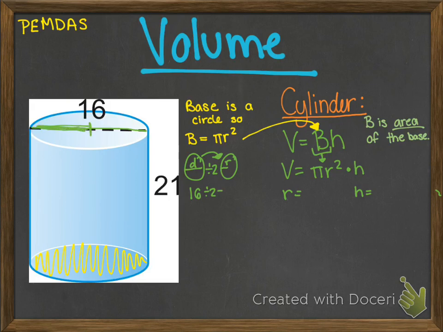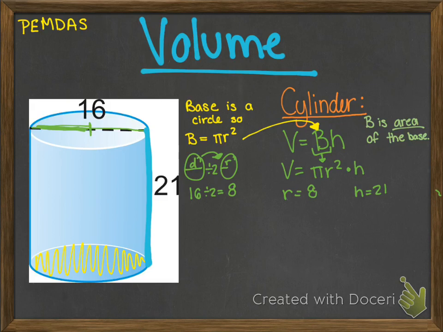When I divide 16 by 2, I get 8. So my radius for this one is going to be 8 units. The height is whatever has not been involved with the circle. That is the distance between those two circles, the top and the bottom faces, which in this case is 21.